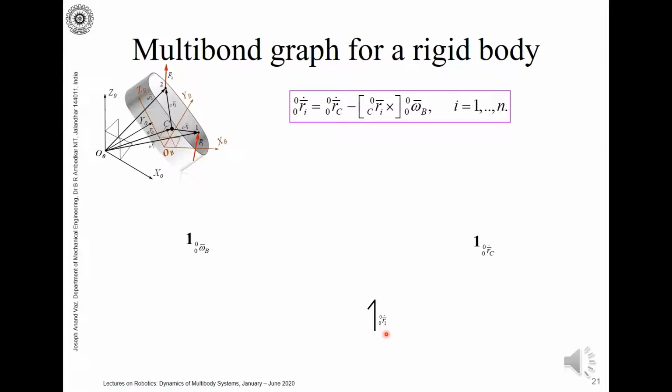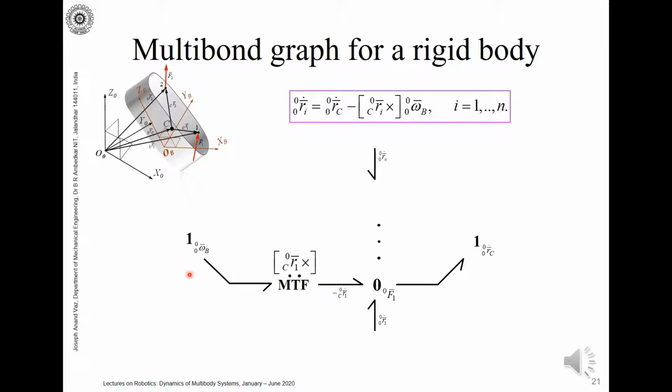So we have the velocity of point 1 is equal to the velocity of the center of mass minus R1 with respect to C expressed in the frame 0 cross the angular velocity of the body observed and expressed in the frame 0.